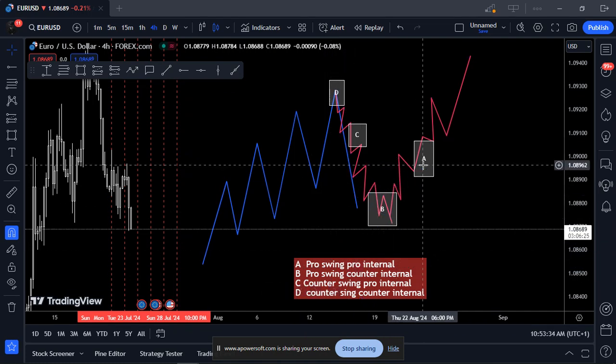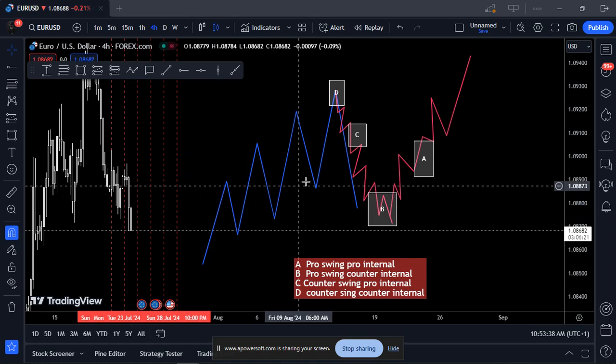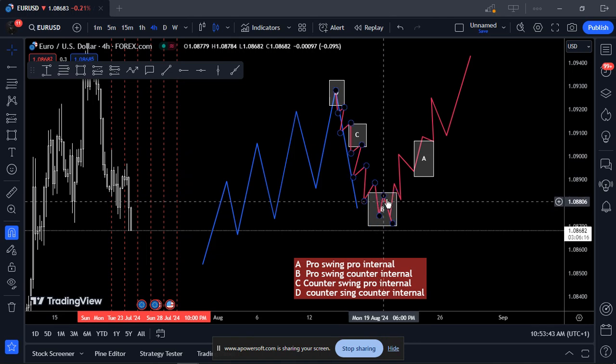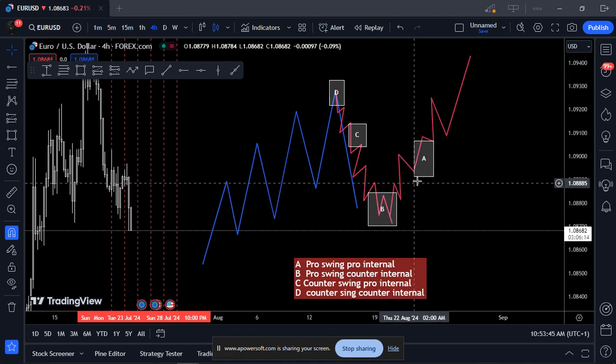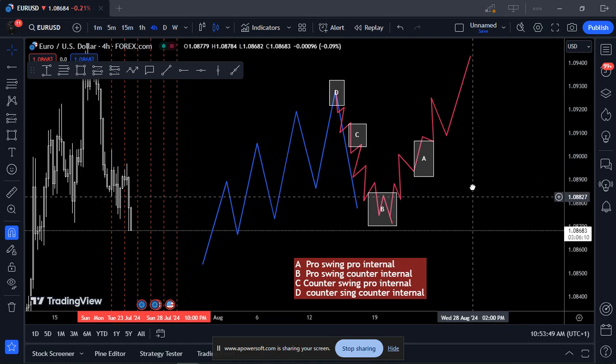This is A, meaning the higher time frame is going up. Lower time frame came down, but now the lower time frame has started going up. So we're trading in the upward direction, in the direction of the swing and in the direction of the internal.